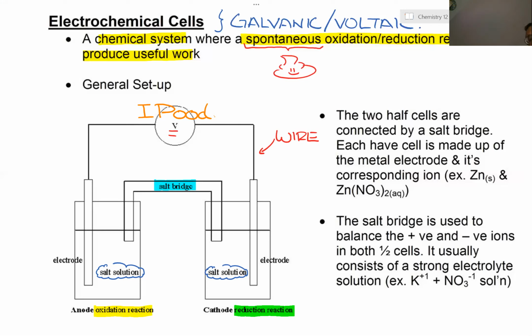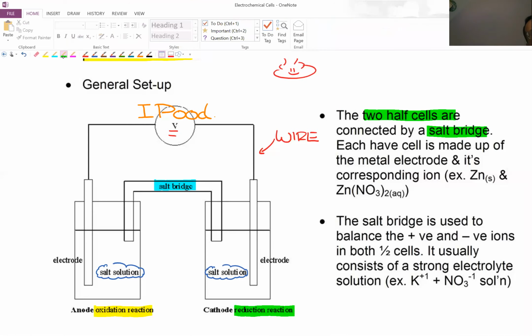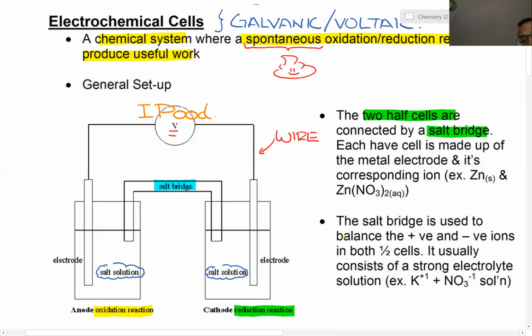Okay. All right. So the 2 half cells are connected by a salt bridge. Now, what is the salt bridge made of? The salt bridge is basically used to balance the positive and negative ions in both half cells. And it usually consists of a strong electrolyte solution.